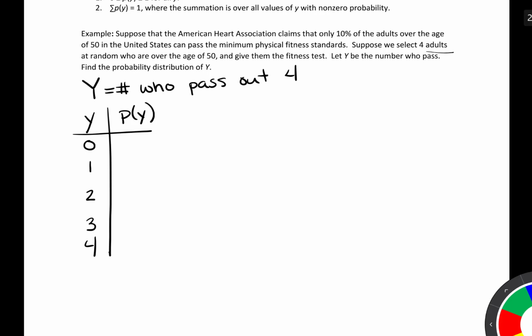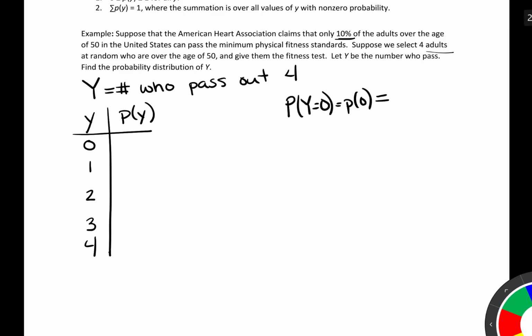So if we want to find the probability that y is equal to 0, and notice this is the same thing as lowercase p at 0. What this would mean is that no one passes. So up here, notice that we have only 10% of adults over the age of 50 can pass the minimum physical fitness standards.